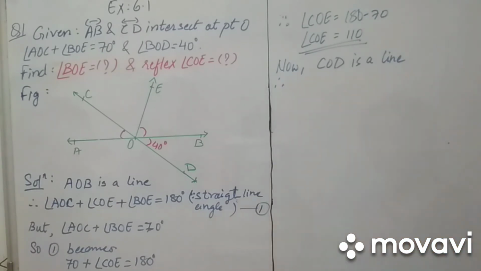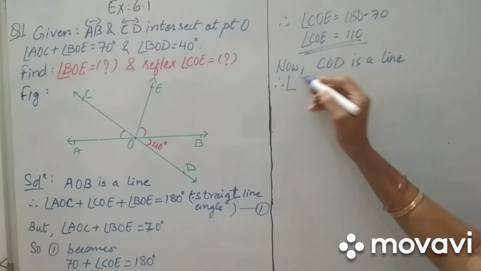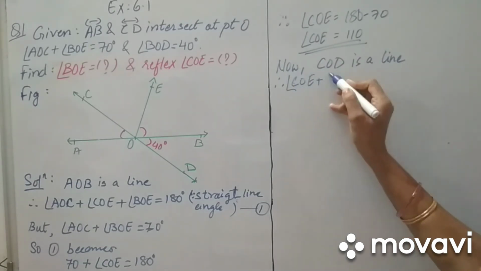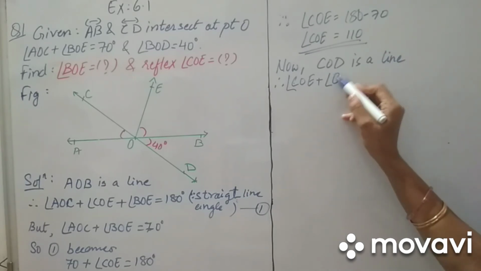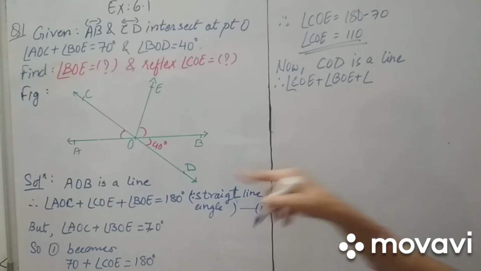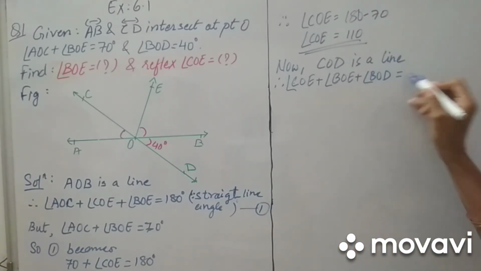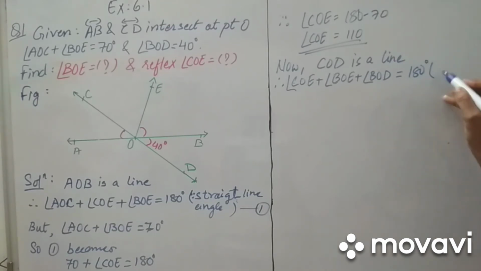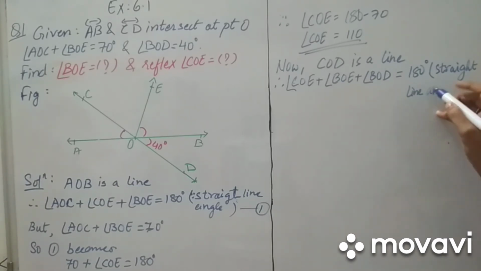So, therefore, angle COE plus angle BOE plus angle BOD is equal to 180 degrees, because of straight line angle.